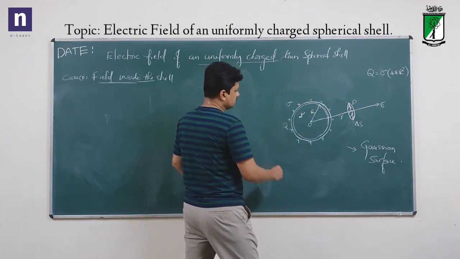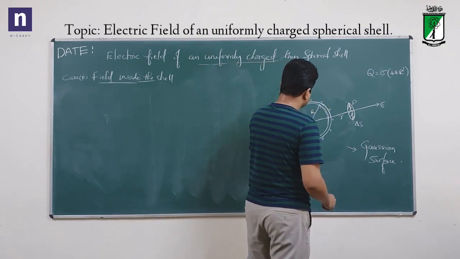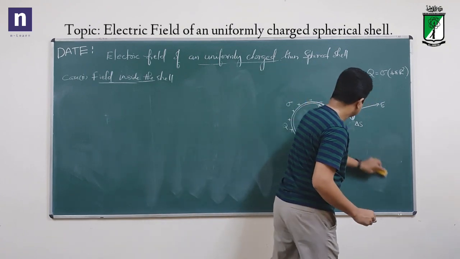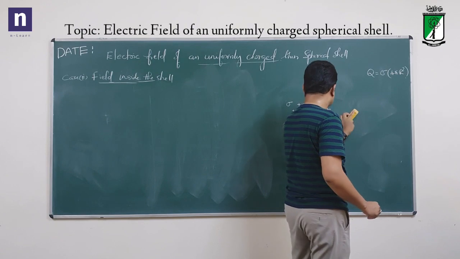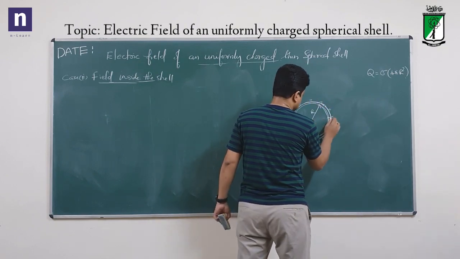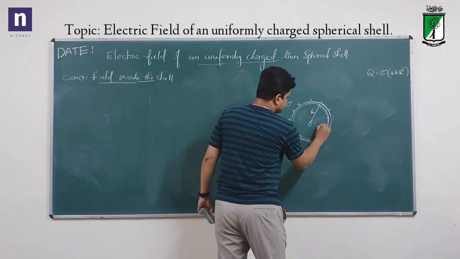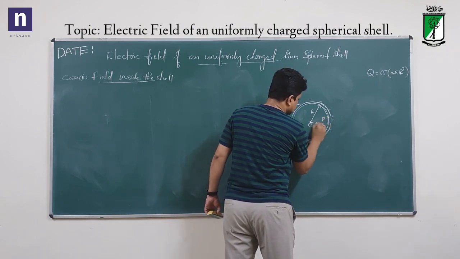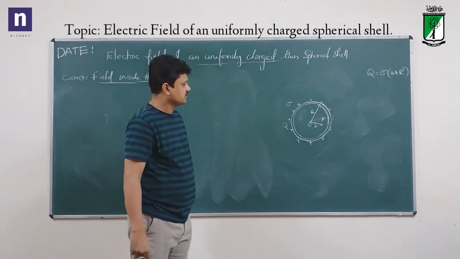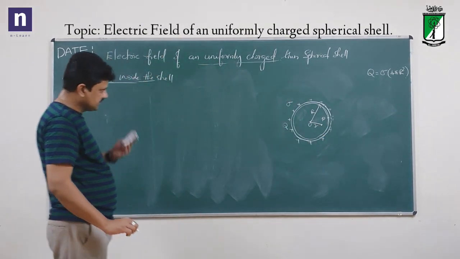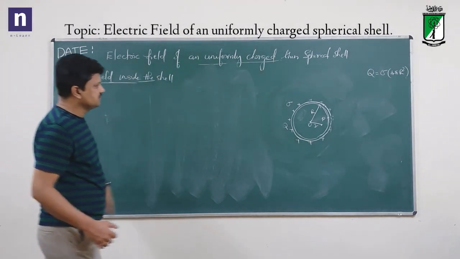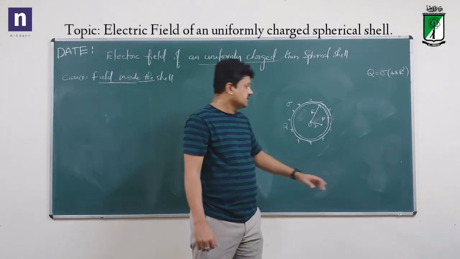Now, if the point P is somewhere inside, the distance is, say, once again smaller r. Now at point P, what is the electric field? We'll repeat the same whole thing once again. Whatever we did earlier, what did we do?